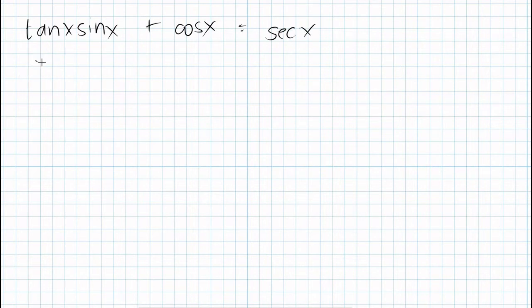Now let's go to the second trigonometric function. So that's tangent x sine x plus cosine x equal to secant x. From the quotient identity, we know that tangent x is equal to sine over cosine.